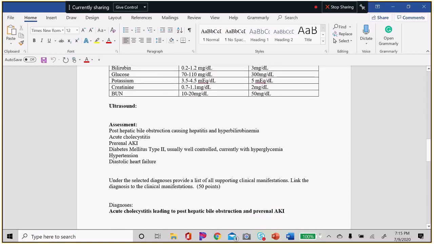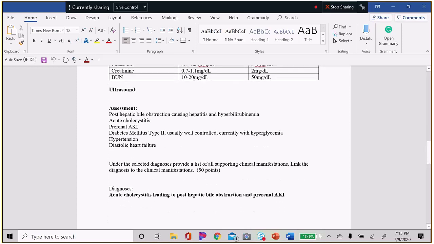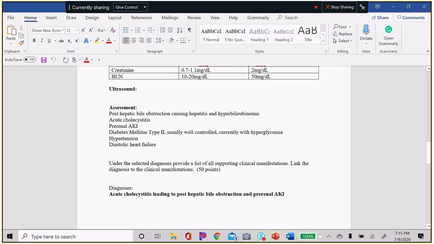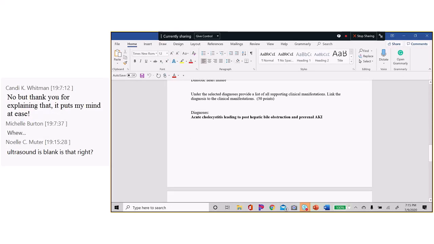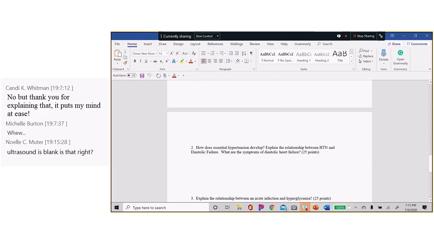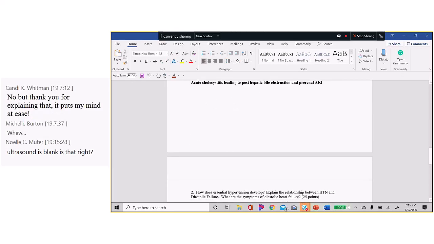So there are many assessments, many diagnoses under here, but under the selected diagnoses, you only have to provide a list of supporting clinical manifestations that you've highlighted in the body of that report. So that's one diagnosis.